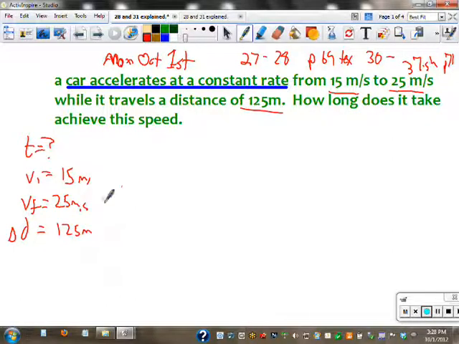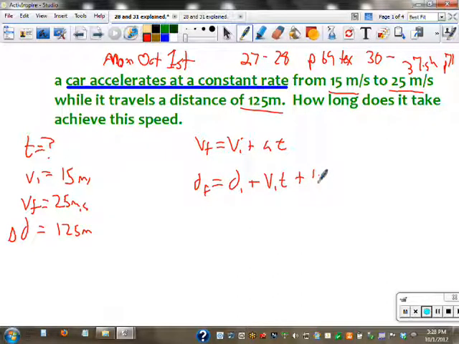Now I've got two formulas that have time in them that I could use. I have velocity final equals velocity initial plus acceleration times time. And I have distance final equals distance initial plus velocity initial times time plus 1/2 at squared.